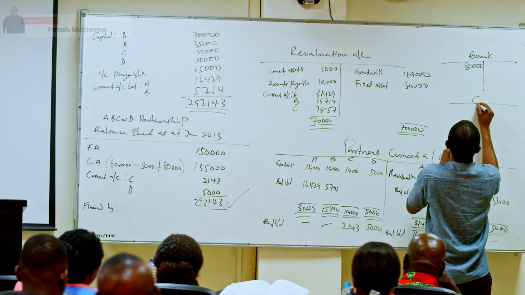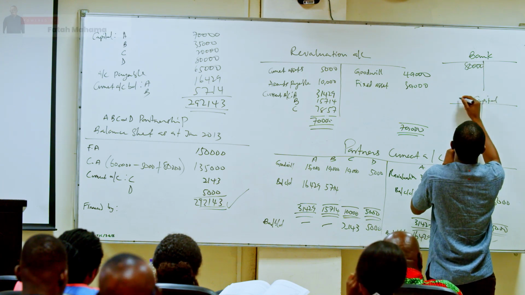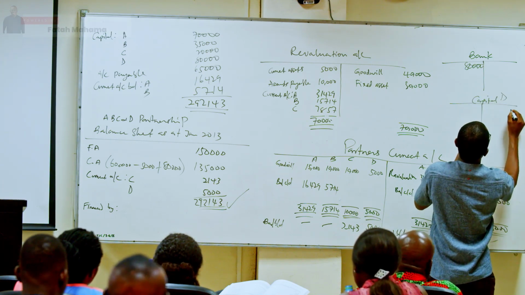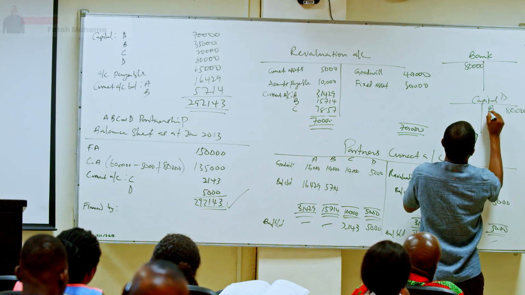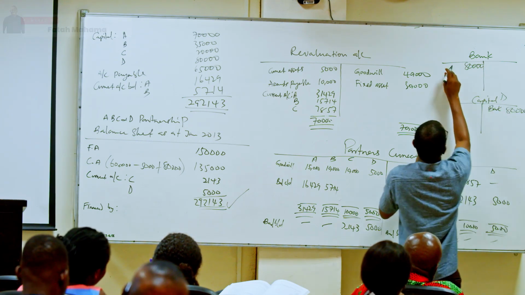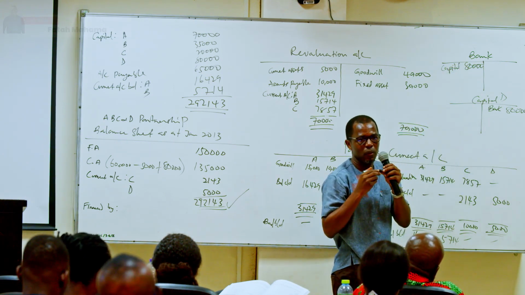And the person giving us the money is partner D. He gave 80,000. The description here will be bank, the header of the other account. The description here will be capital, the header of the other account.